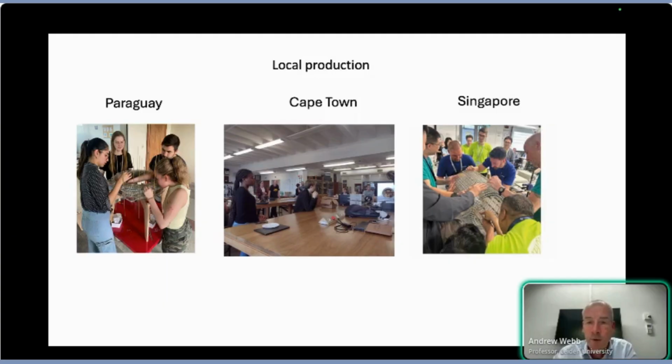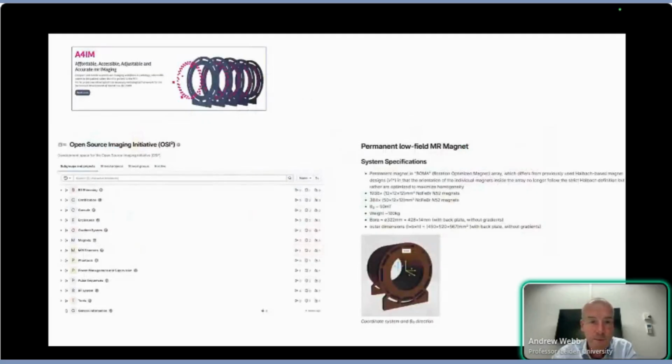And these are workshops that have been organized with lots and lots of enthusiastic people learning a lot, coming in and building systems. These are head-size systems, and there have been other initiatives like this in New York with Leon and others building smaller systems. And here we end up with, again, lots and lots of local knowledge, but in each of these cases, these systems are not yet at a stage where they can be used clinically.